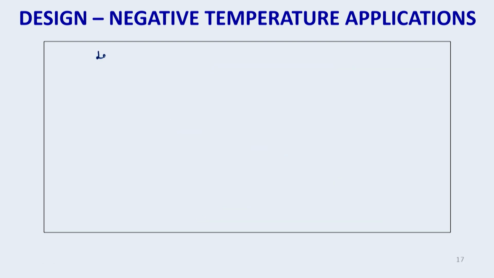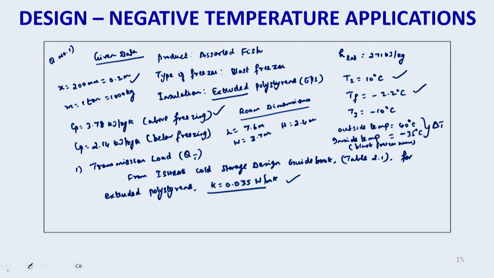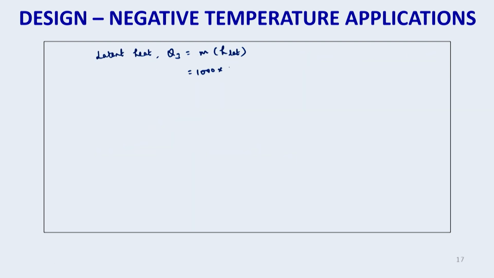Now latent heat is Q3. That is M into H latent, that is 1000 into the latent heat given in the question, 271 kilojoule per kg. So that is equal to 271,000 kilojoule.